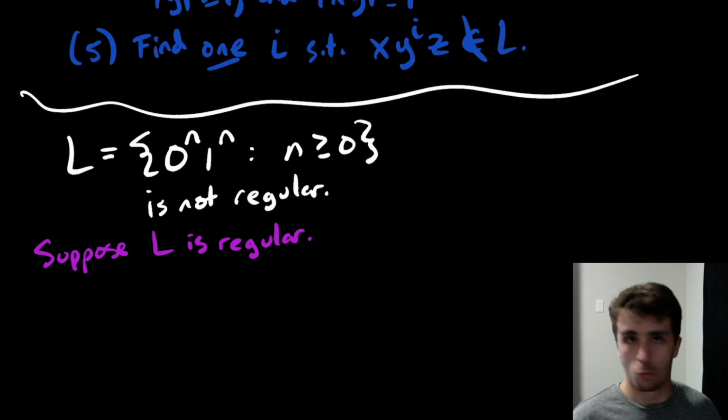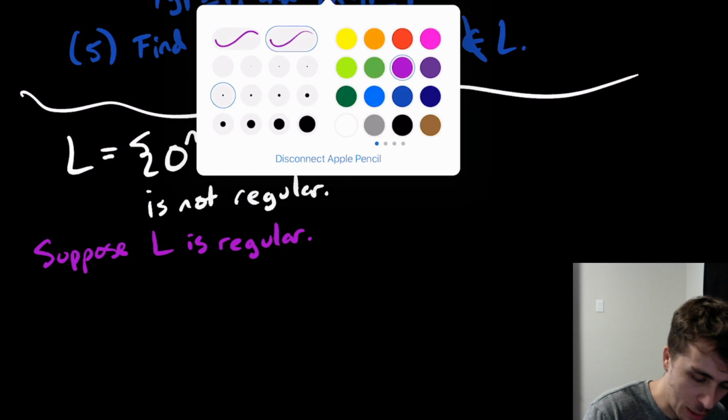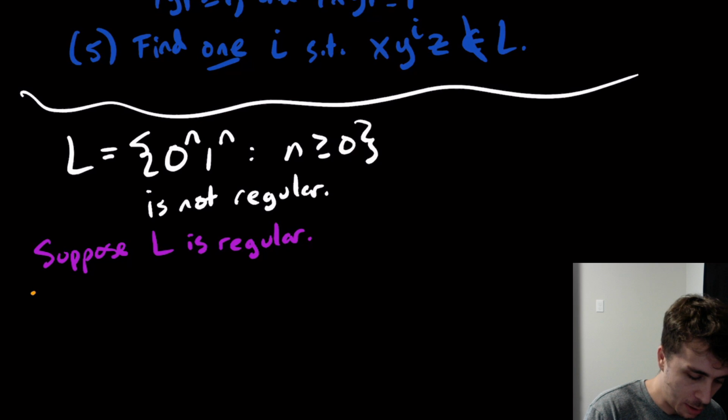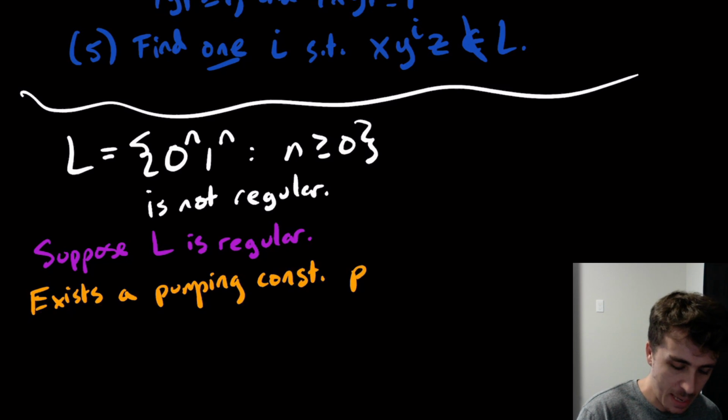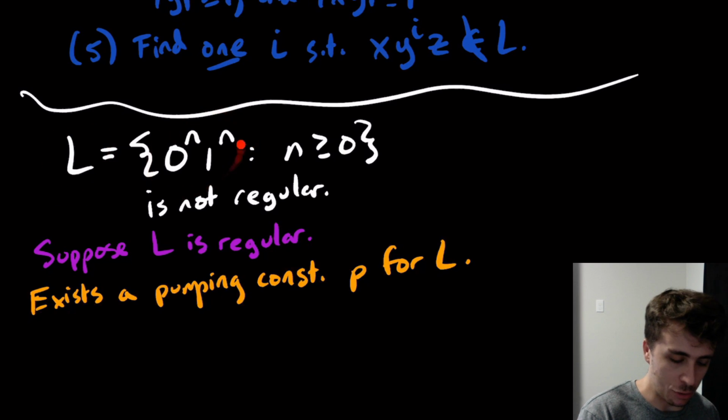We're just assuming that it's regular, then there exists a pumping constant p for this language right here.